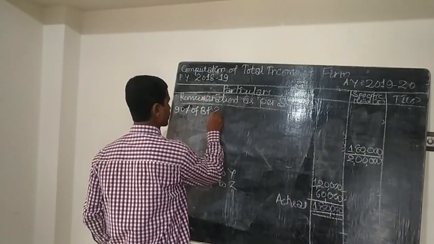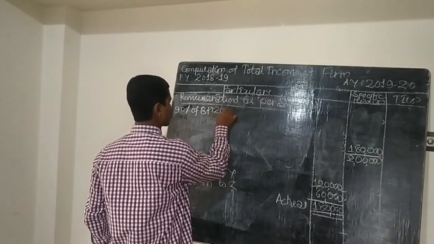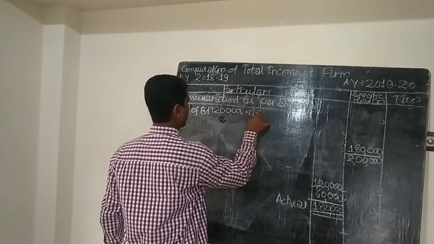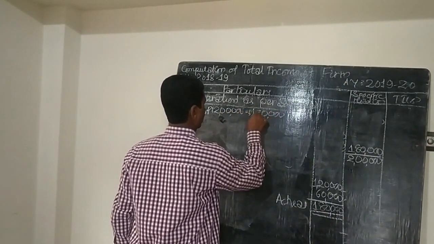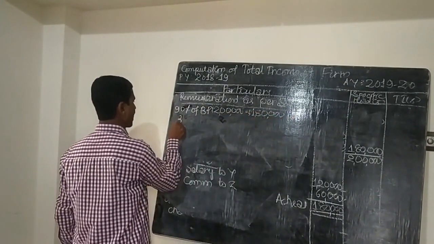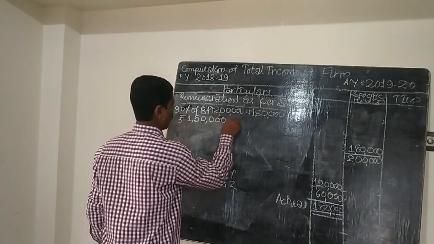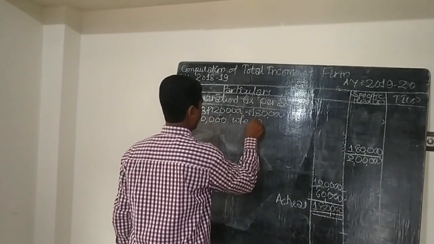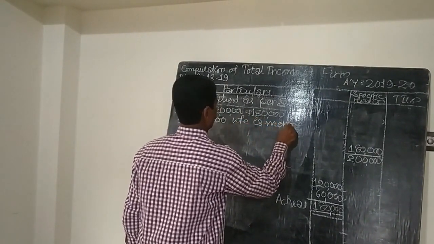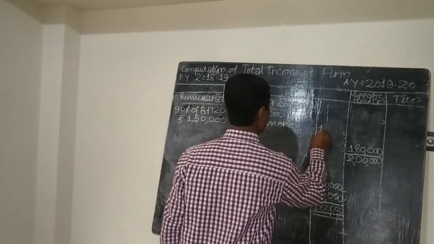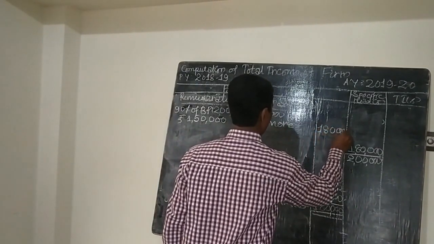So 90% of rupees 2 lakhs, which comes to rupees 1,80,000, or rupees 1,50,000, whichever is more. So when you take this here, 1,80,000 is more here.